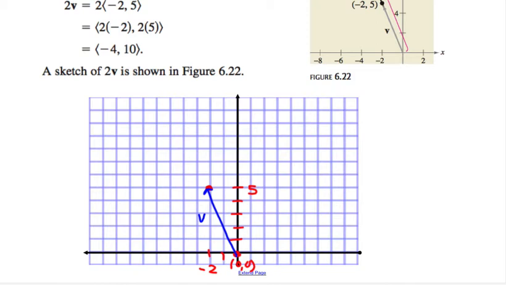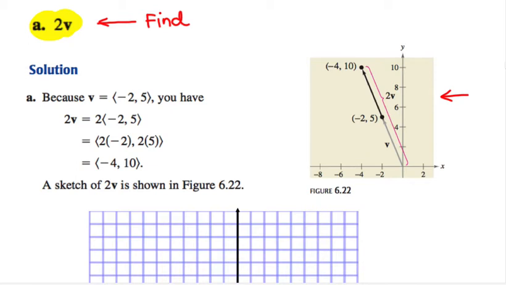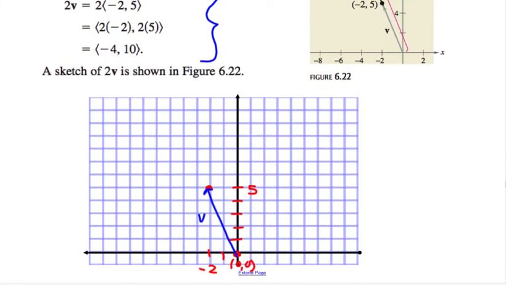Now what we want to do is scalar multiply by 2. Here it is algebraically, but I'm going to first take care of it graphically. If we notice this distance right here, we're going to continue multiplying it by 2.